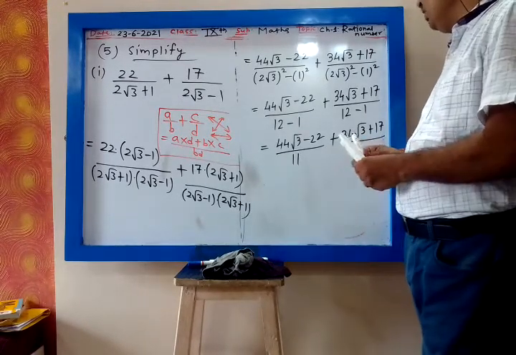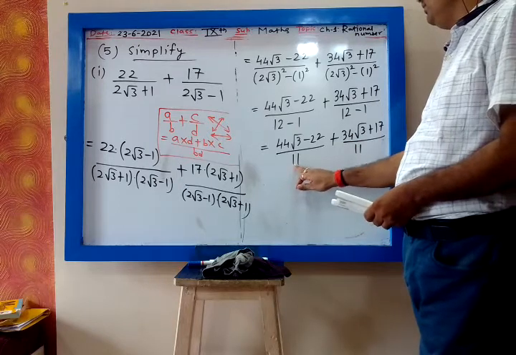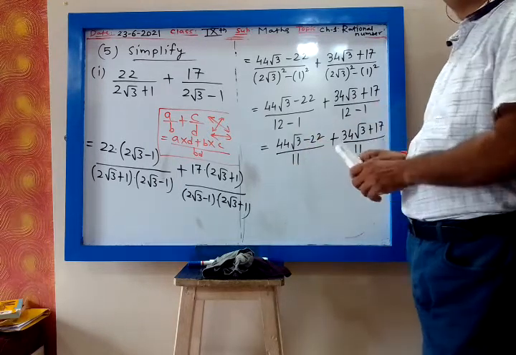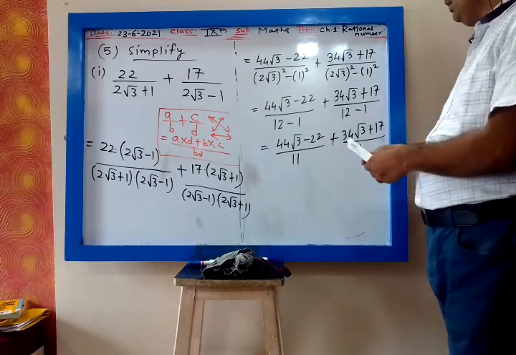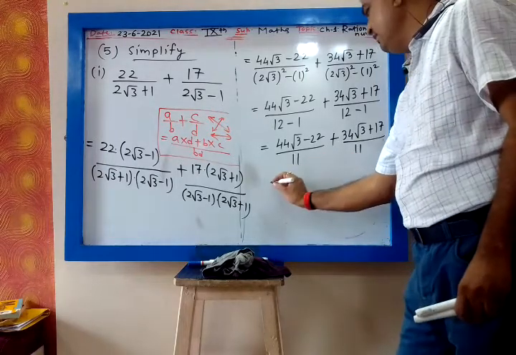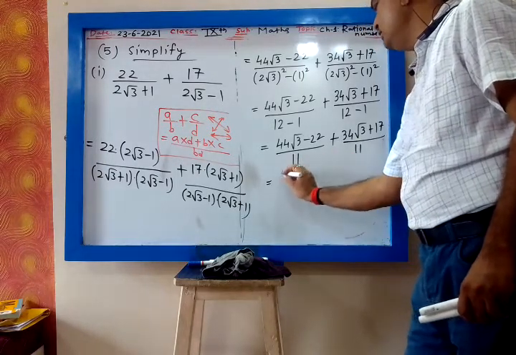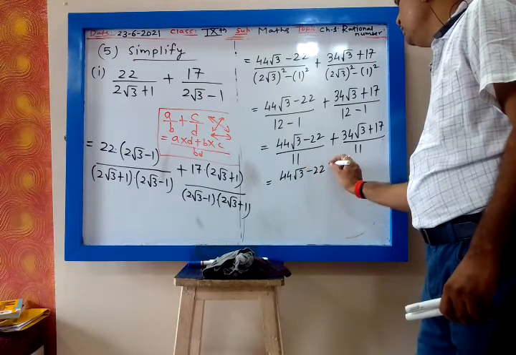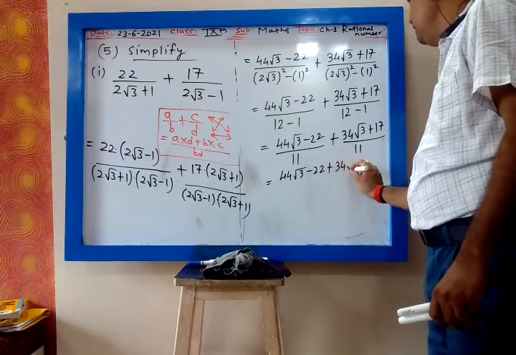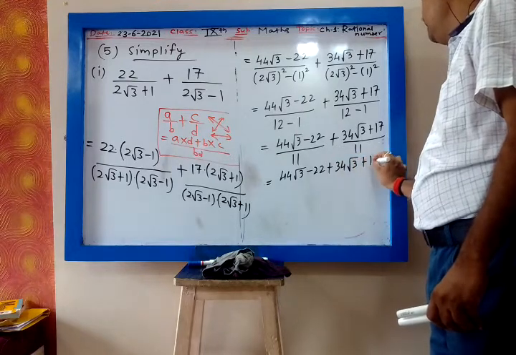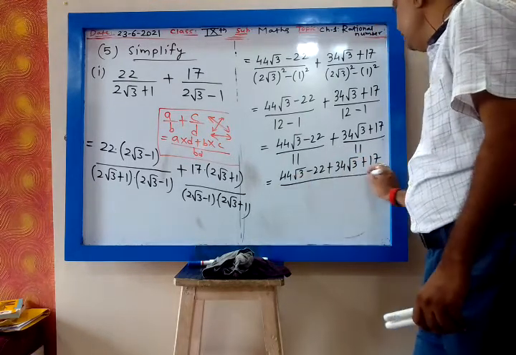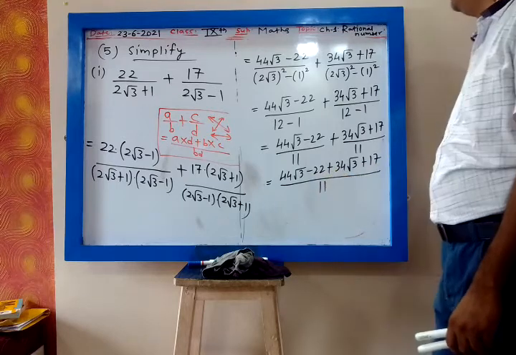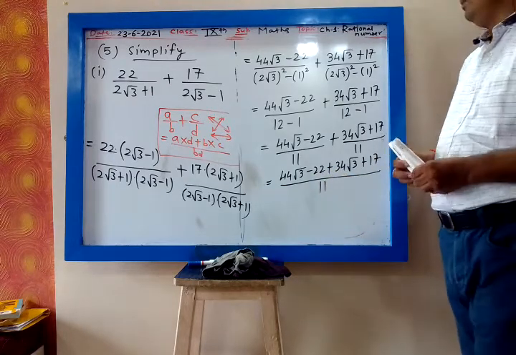So now whenever the denominator is the same, you can add the numerator. So 44 root 3 minus 22 plus 34 root 3 plus 17 whole divided by 11. You can take the denominator common, 11. Now you can add the like terms.